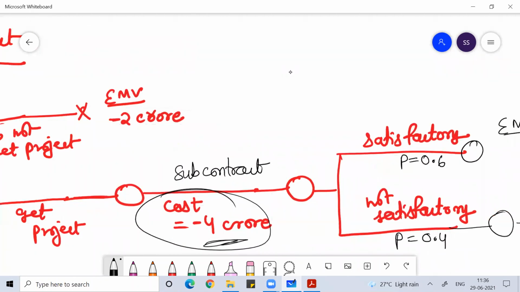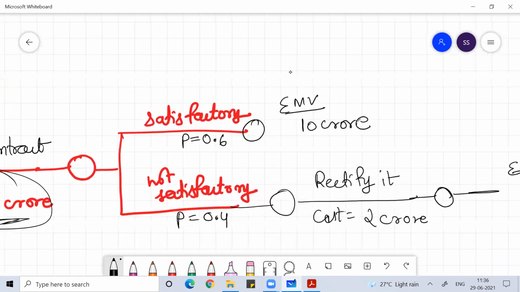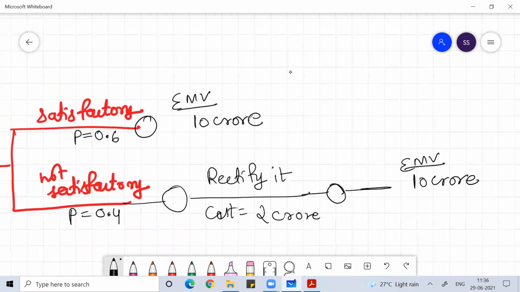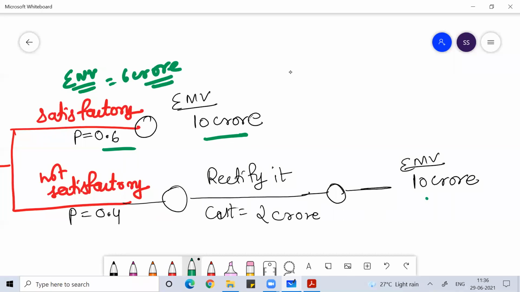And then what can happen if I go with subcontract? There's a problem that maybe my work is not satisfactory, so I need to go with that also. So here if you see the economic value I'm generating, this is around 6 crore. Here the economic value I'm generating is 8 crore rupees, right? 40% is the probability.